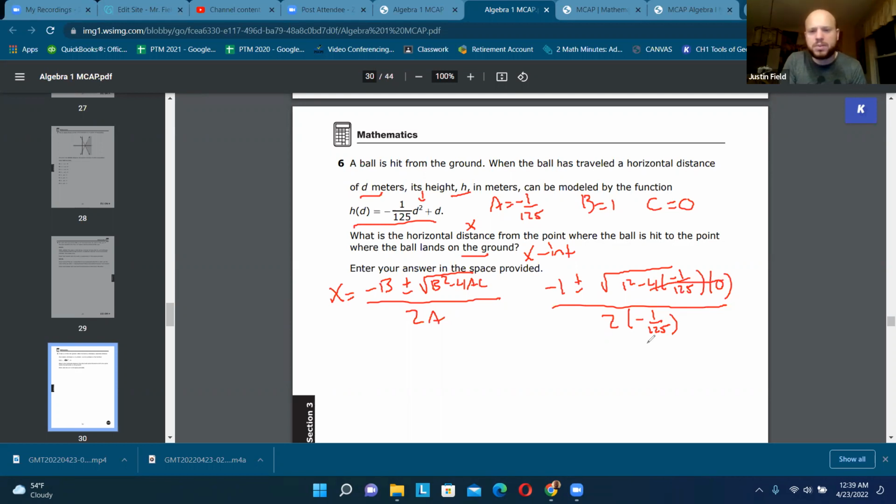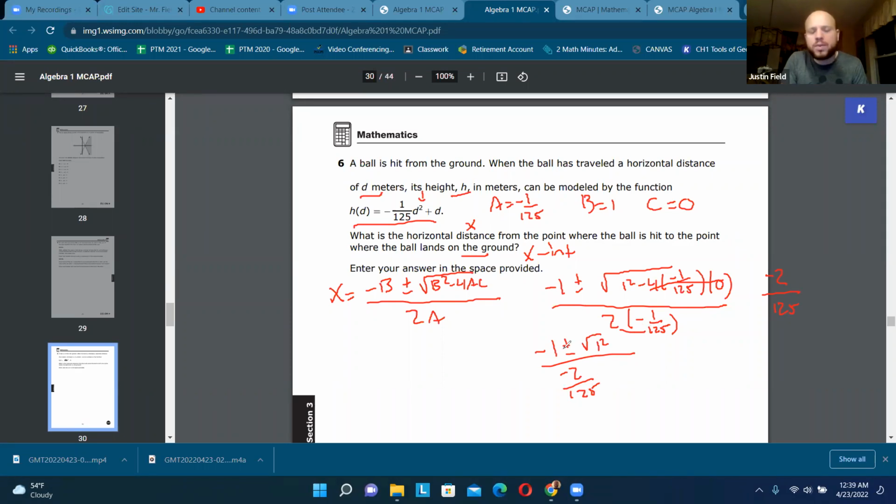Okay, so that's multiplied by 0, so that's gone. Negative 1 plus or minus the square root of 1 squared. And the denominator is 2 times negative 1 over 125, which is negative 2 over 125.